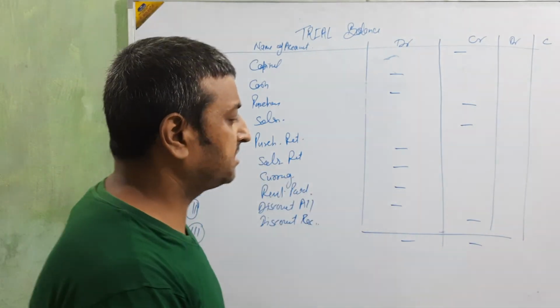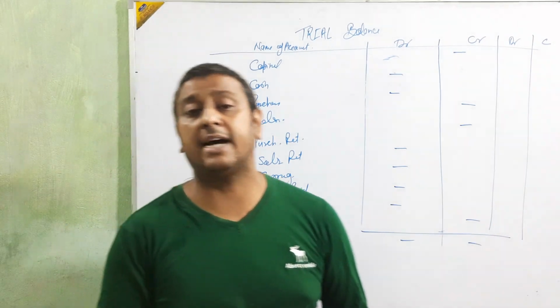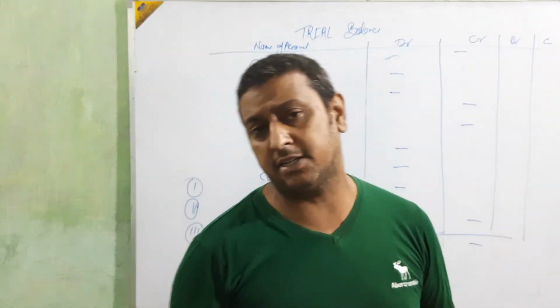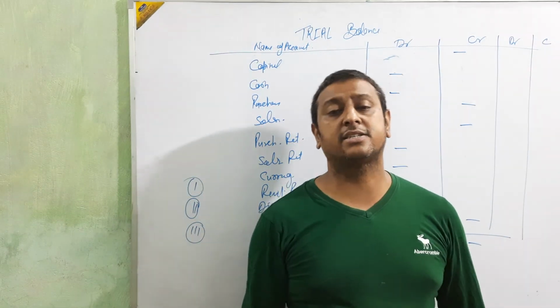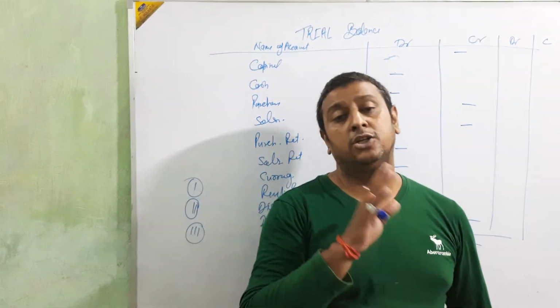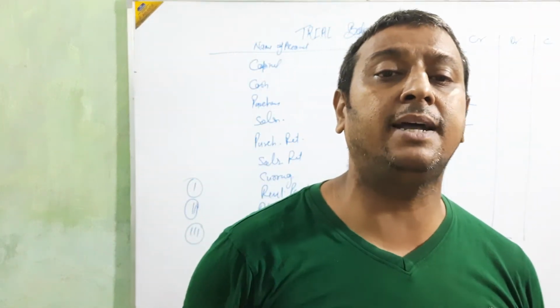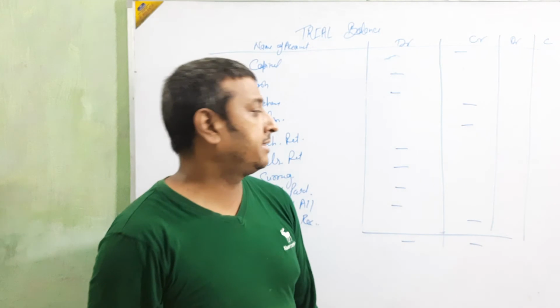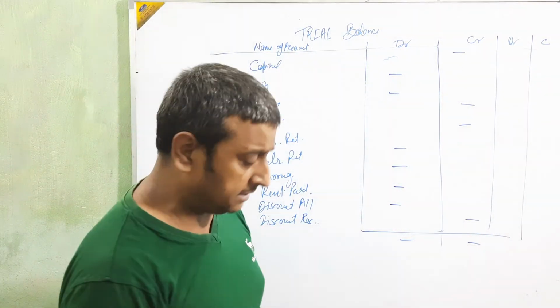And one more topic is there, that is the suspense account. After making the trial balance, we search for the fault. If no fault is there, all the things are correct, and still the total of the trial balance is not coming equal, then that difference amount we enter in the suspense account. Okay beta?